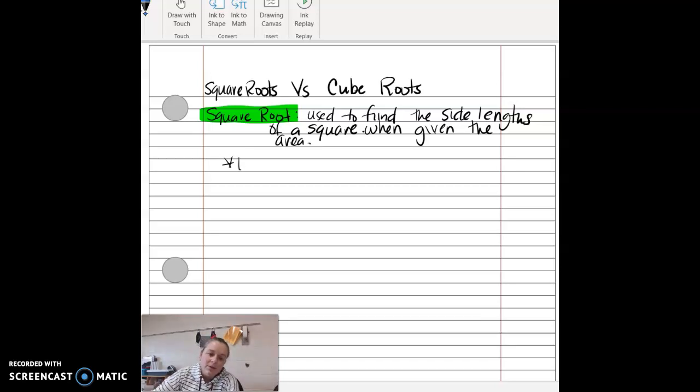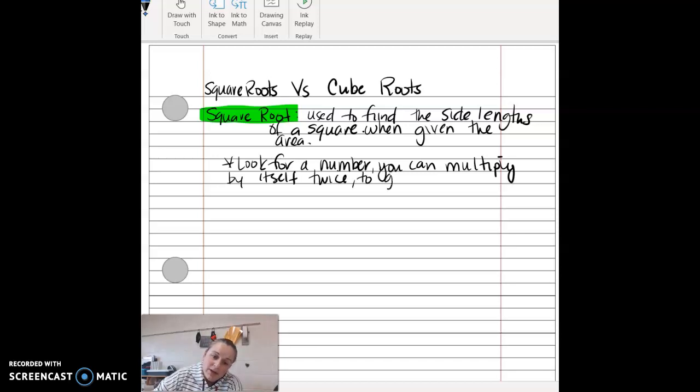Or in other words, we're going to look for a number you can multiply by itself, and it has to be the same number because it's a square, the side lengths are the same. I'm going to put twice to get the number under the sign. And it's coming from our square.